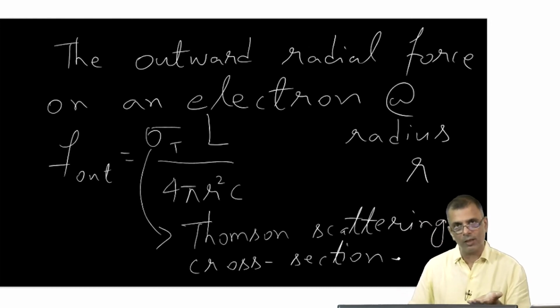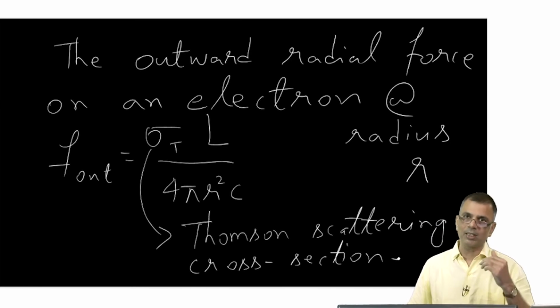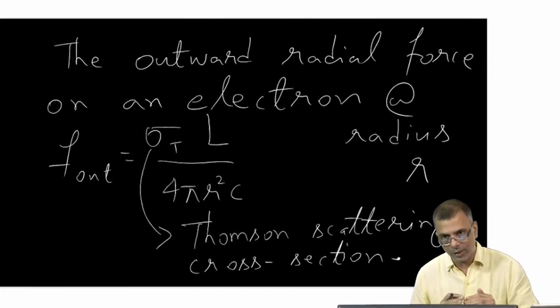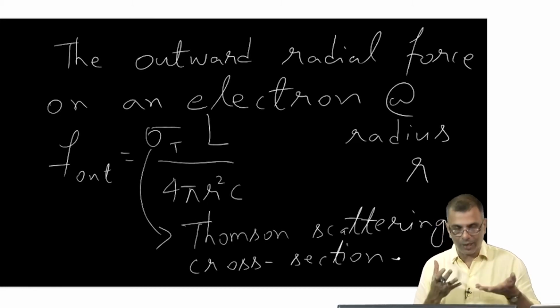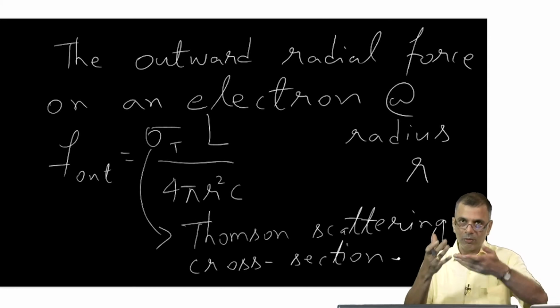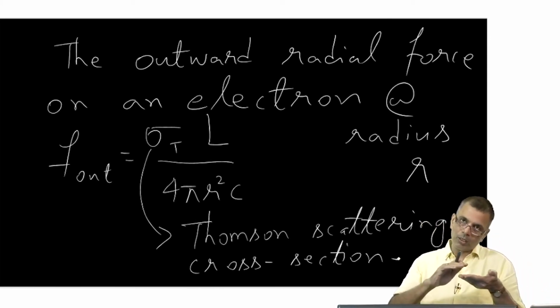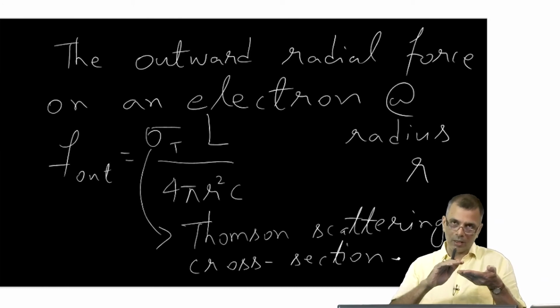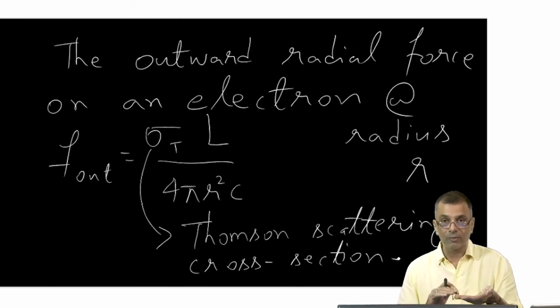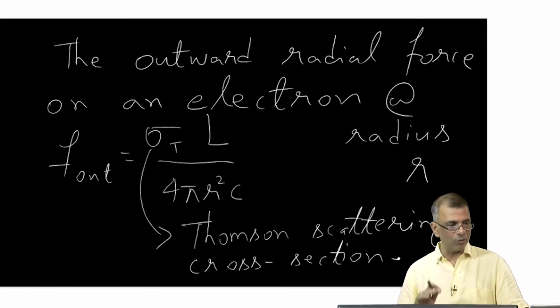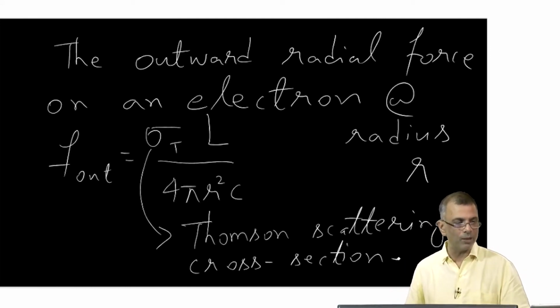The electron is feeling the outward force, but the electron also drags a proton with it, because the electrons and protons are bound via Coulomb forces. That outward force is transmitted to a proton via the Coulomb coupling, and electrons and protons had better remain together in order to maintain charge neutrality. So essentially the outward radiation force is also felt by the protons.